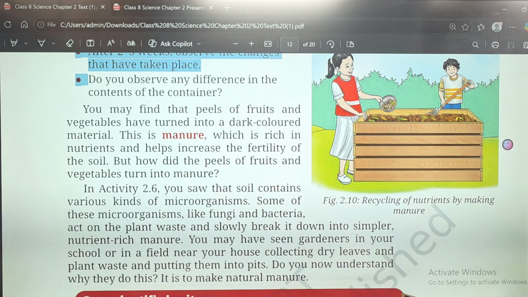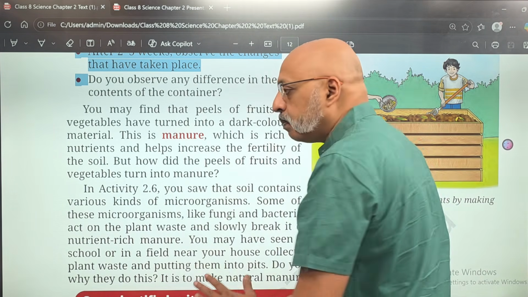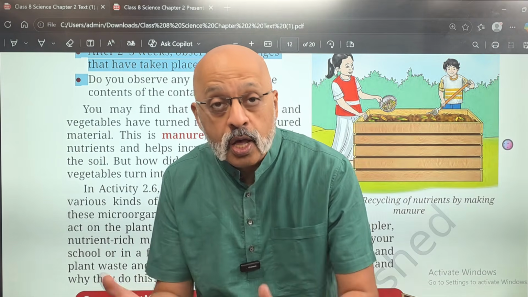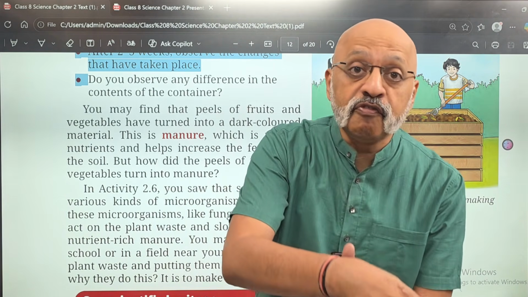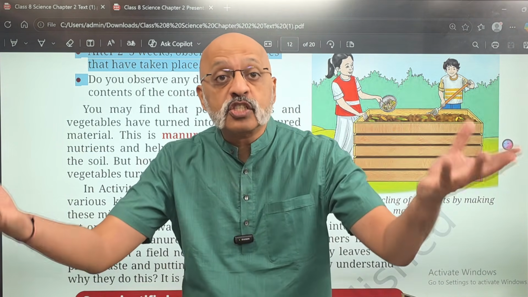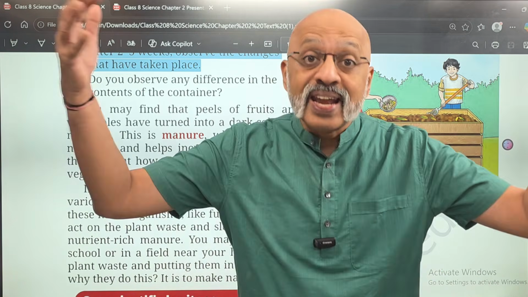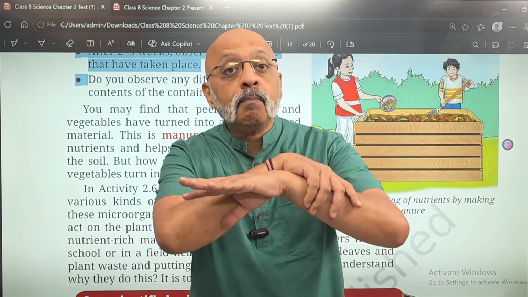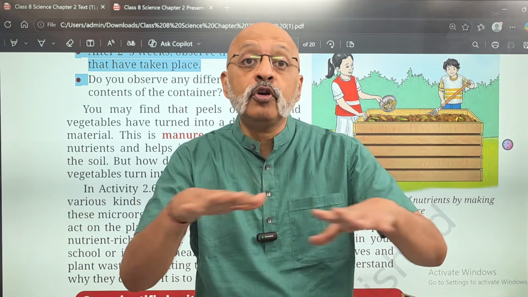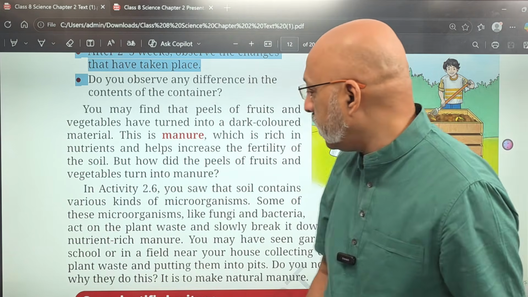Now, some of these microorganisms like fungus and bacteria act on the plant waste and slowly break it down into simpler, nutrient-rich manure. Now, this manure is very important because it is organic manure. You're not buying any chemical fertilizers in order to make the soil rich. You are using natural things which will not be harmful to the environment. It will be good for the environment.